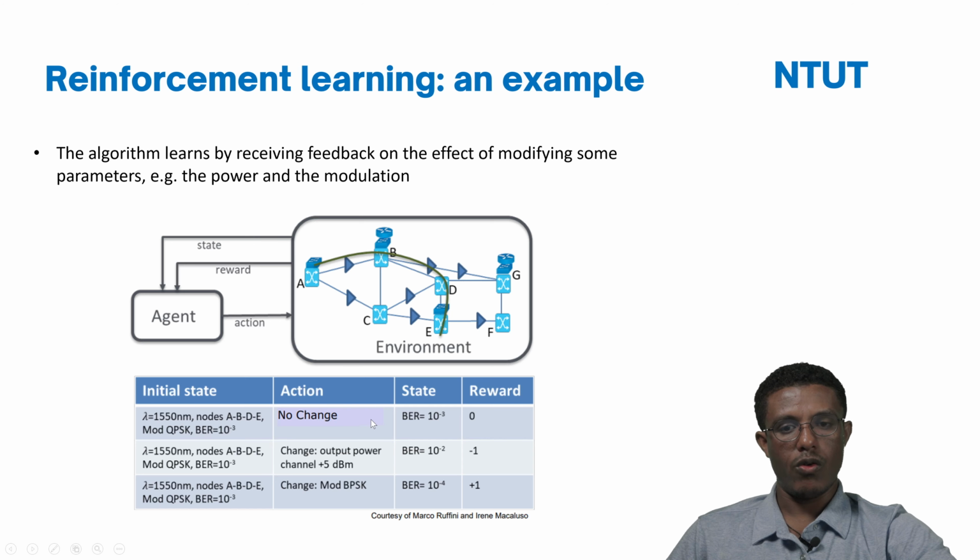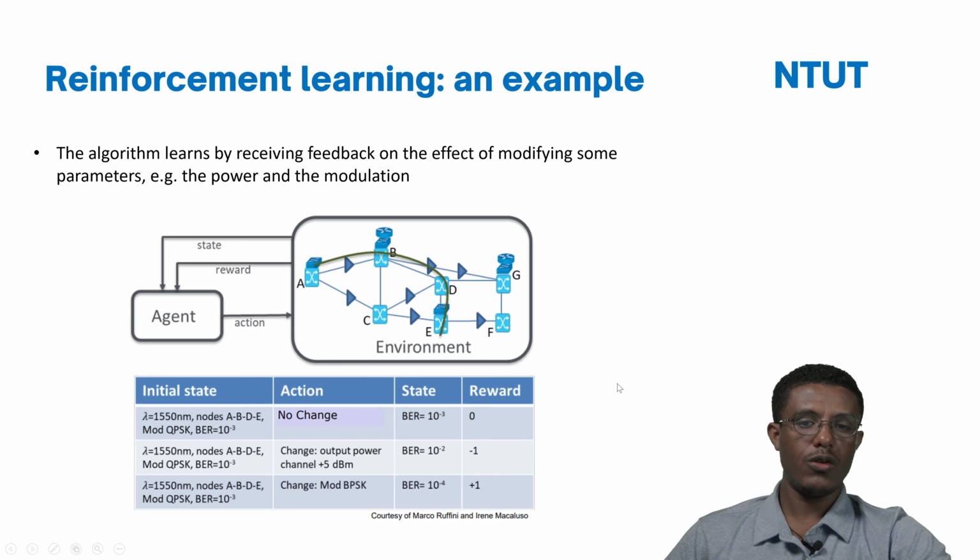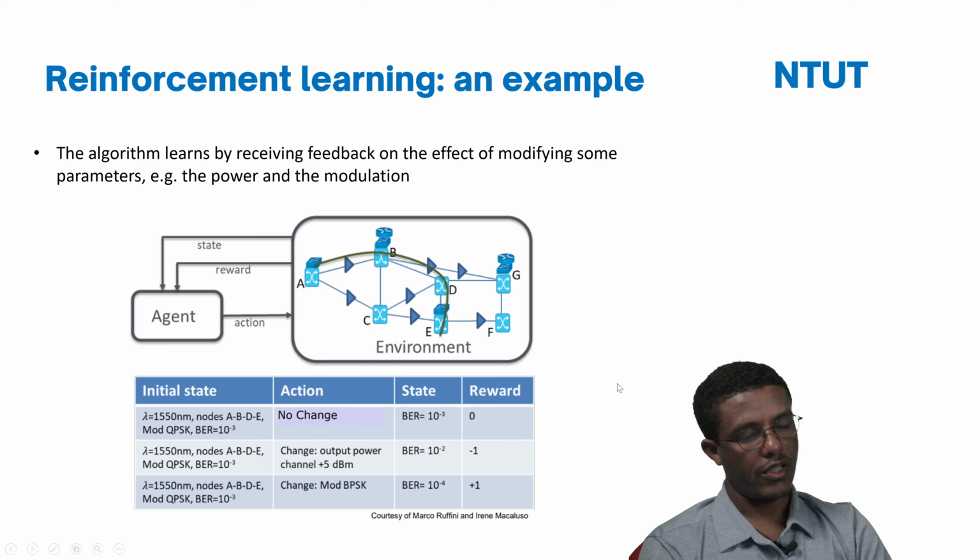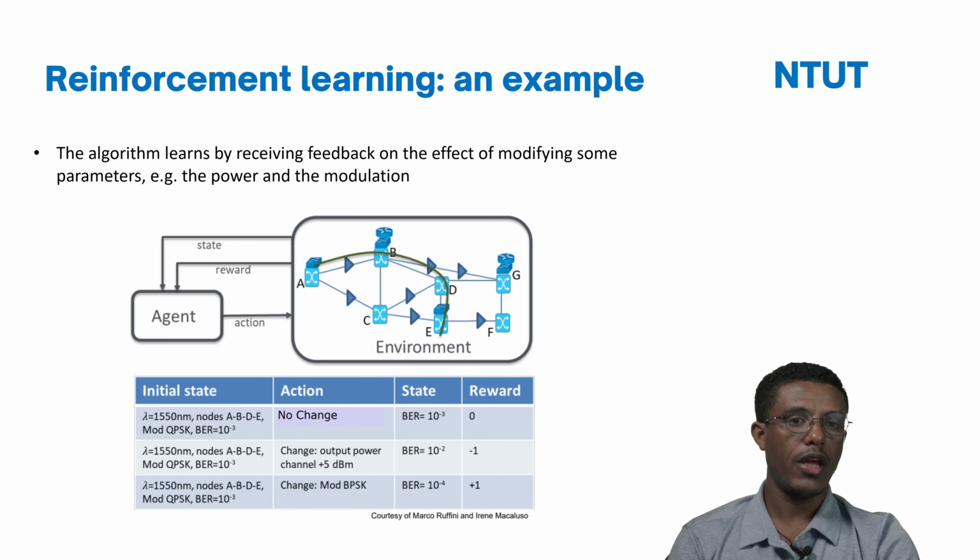If the next step is better than the initial, there is a reward. If there is less performance than the previous or the initial one, there is a punishment. Based on that, the model understands punishment and reward and takes its actions for the next step.